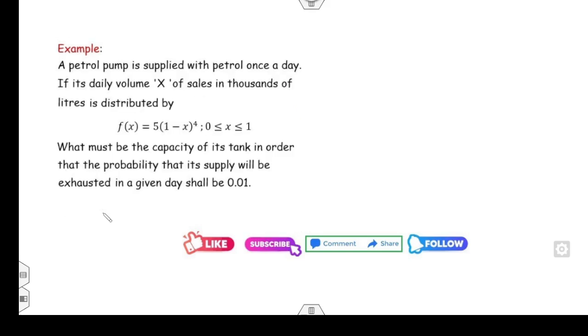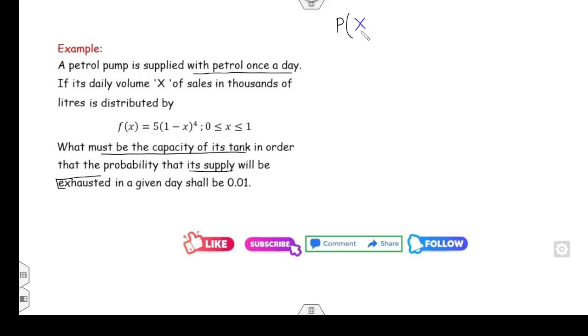So the next one is: a petrol pump is supplied with petrol once a day. If its daily volume in 1000s is given by f(x), what must be the capacity of its tank in order that the probability that its supply will be exhausted in a given day shall be 0.01?